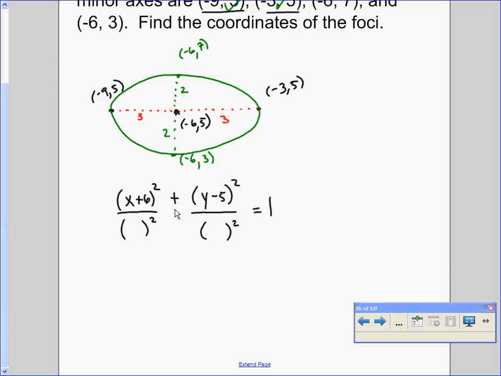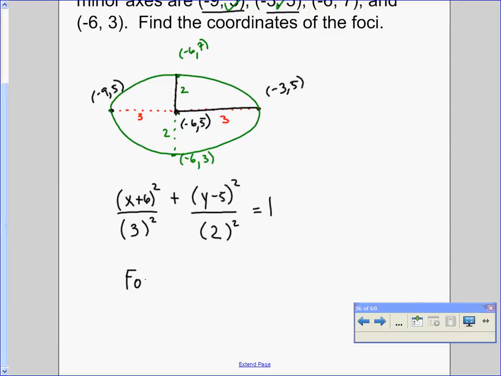On the major axis, which is along the x, or along the line y equals 5, we get 3 here, so this is our 3 squared, and then this is 2, so this is our 2 squared.